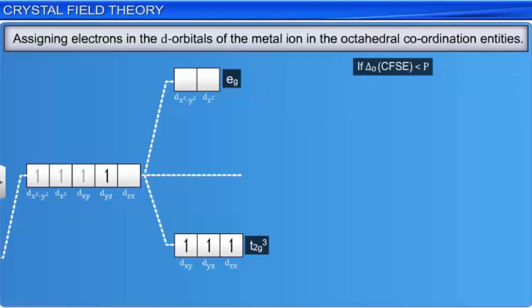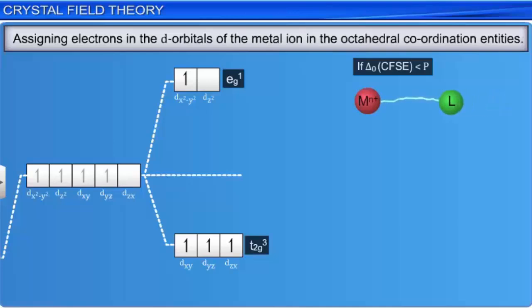Ligands for which the crystal field splitting energy is less than the pairing energy are known as weak field ligands. The complexes formed with these ligands would be high-spin complexes.